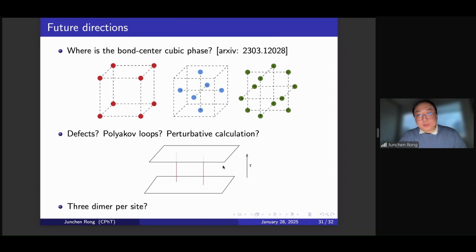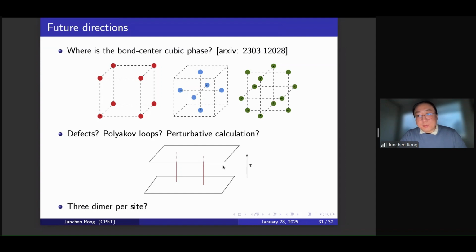I talked about the dimer model. I talked about the loop model, which is 2 dimers per site constraint. You can do 1 dimer per site, which is actually the first spin liquid phase that people discovered even on the lattice. Now there are experimental playgrounds where people can do this. But there's another one which is 3 dimers per site.